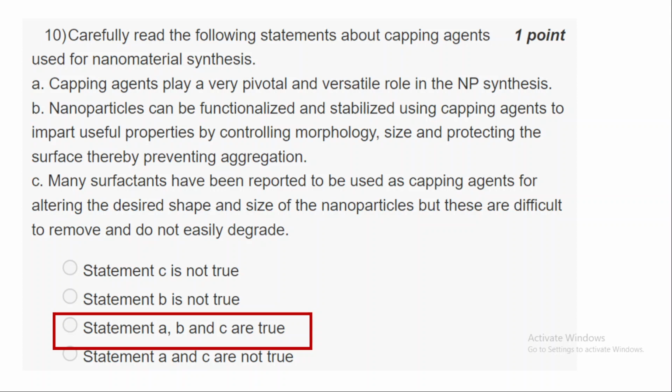Many surfactants have been reported to be used as capping agents for altering the desired shape and size of the nanoparticles, but these are difficult to remove and do not easily degrade.